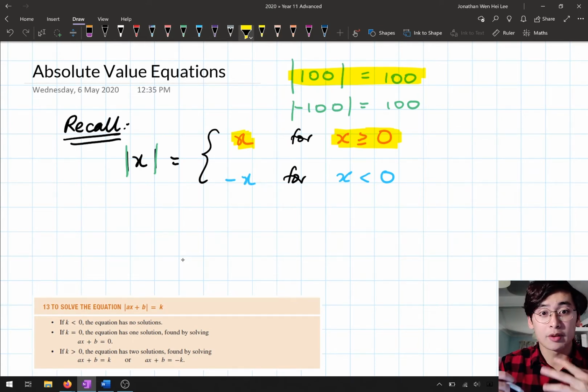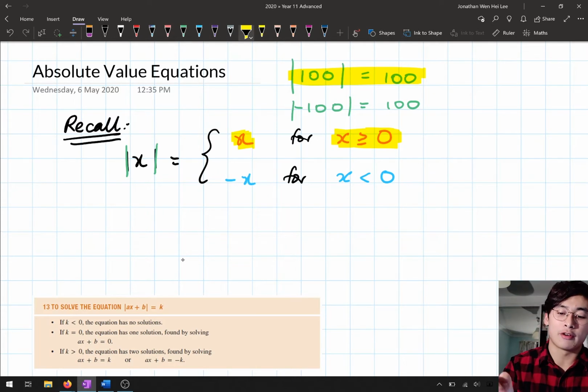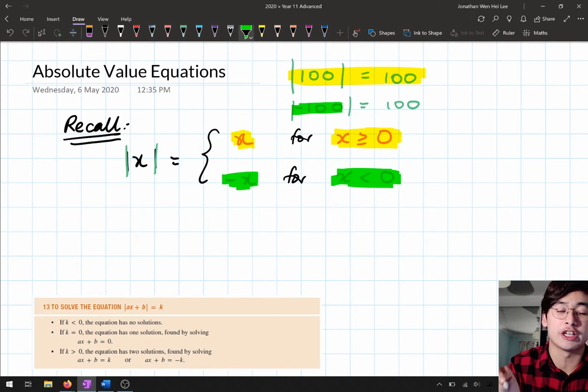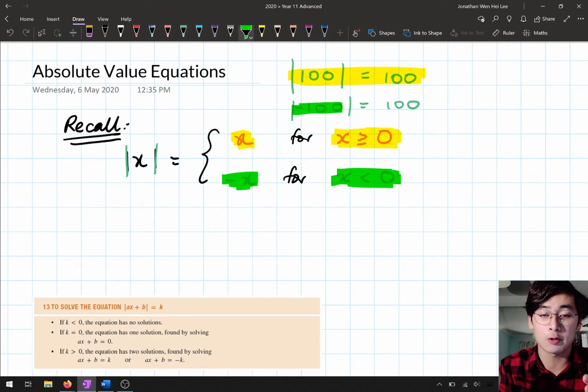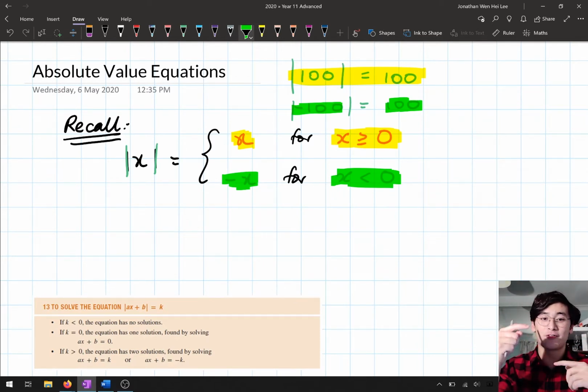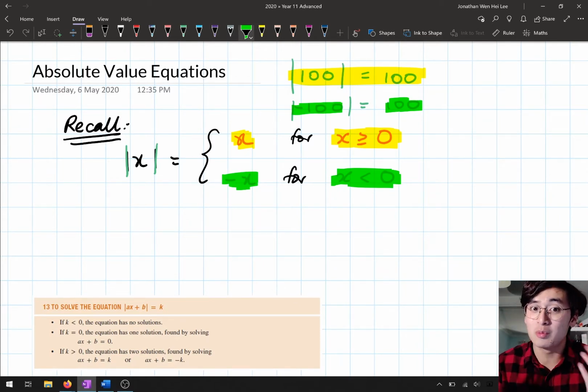The second condition for my absolute value function is what happens if I chuck in a negative number. What I get is the negative version of that original number. So here, I chucked in negative 100 into my absolute value function, and I got back 100. When you take a negative of a negative number, you just get back the positive version of that number, which is essentially what the absolute value function does.